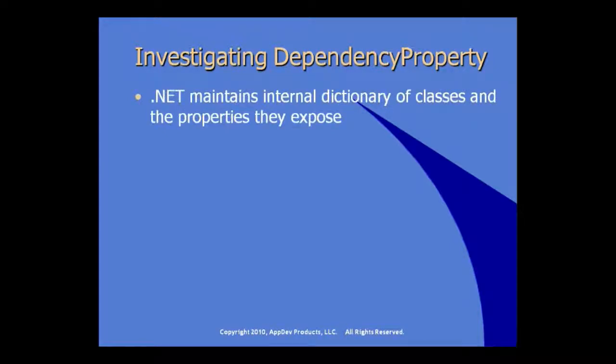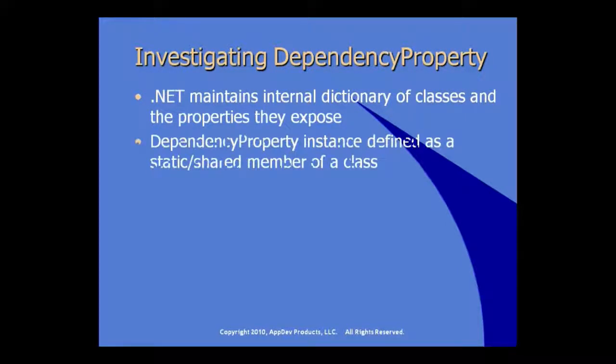.NET maintains an internal dictionary of all the classes that are being used in your application and the properties that they expose. The dependency property instance is defined as a static or shared member of a class. There's only one of these for each class, each object you work with.